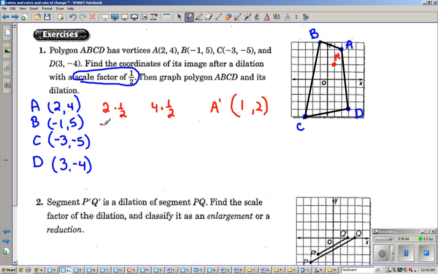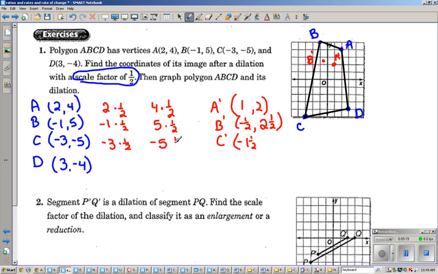Our B, I'm going to take negative 1 times 1/2, and you get negative 1/2. And take 5 times 1/2, and I get 5/2, or let's make it into a mixed number, 2 and 1/2. That's your new B: negative 1/2, up 2 1/2. C, I take negative 3 times 1/2, which gives negative 3/2, the same as negative 1 1/2.